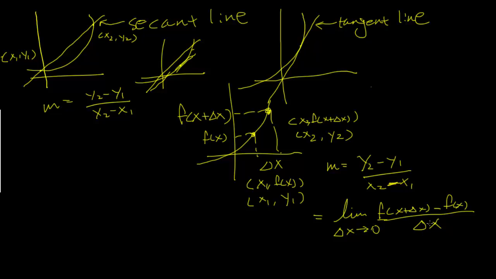Then delta x, meaning this distance, becomes 0, and we could get the instantaneous slope.